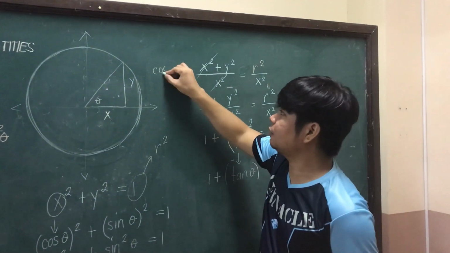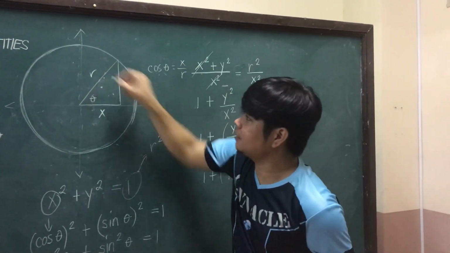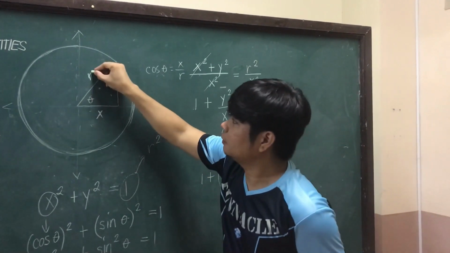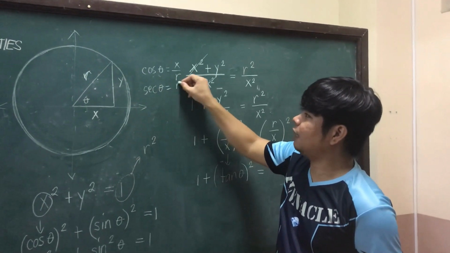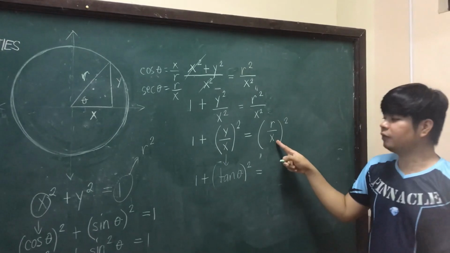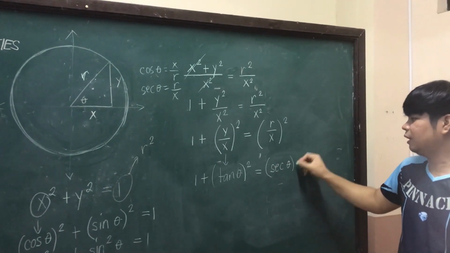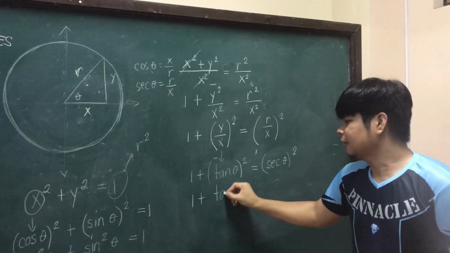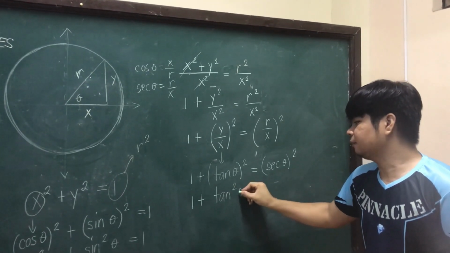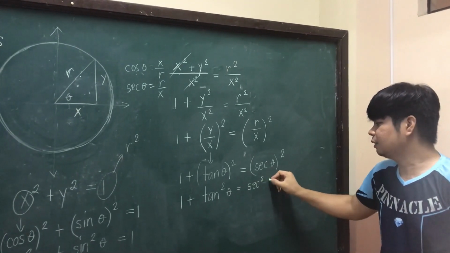Because we know that cosine theta here is x over r, where this is r. And the reciprocal of this is secant theta, which is r over x. So replace that with secant of any angle theta and square it. So we have 1 plus tangent squared theta is equal to secant squared theta.